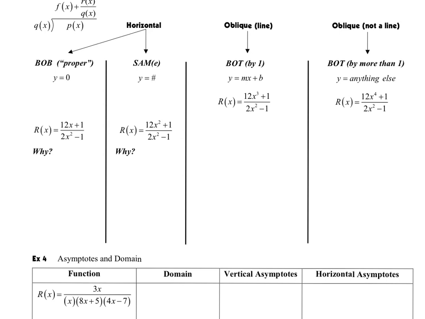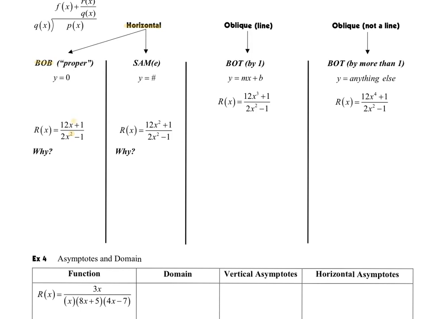Our first scenario would be when we have an actual horizontal asymptote. Now, there are two versions where that horizontal asymptote might happen. The first one is what I'm going to call a BOB. So we're going to have this BOB right here. And a BOB simply means that it's bigger on the bottom, meaning the degree on the bottom, in this case, the one that I'm giving you right here, the degree on this bottom is a 2, is bigger than the degree on the top.